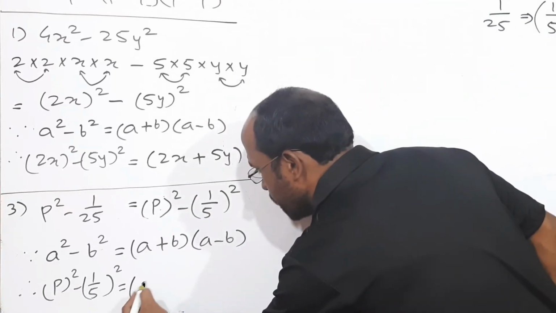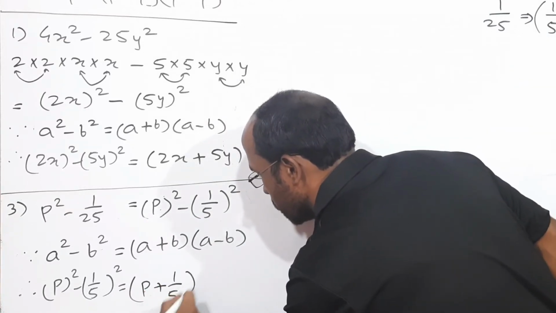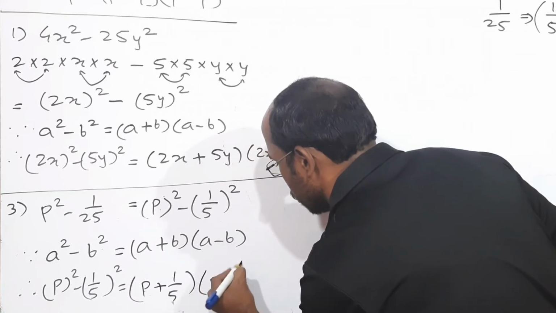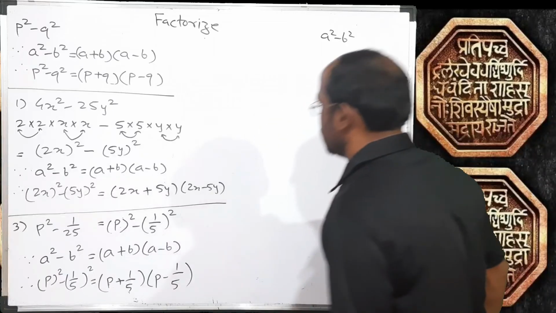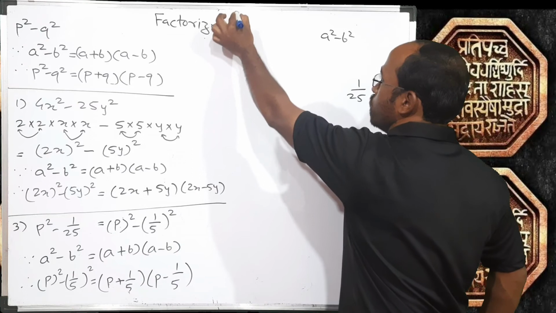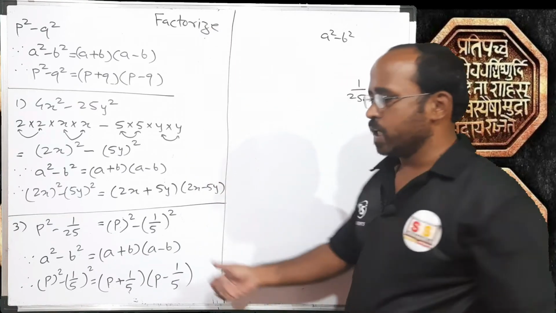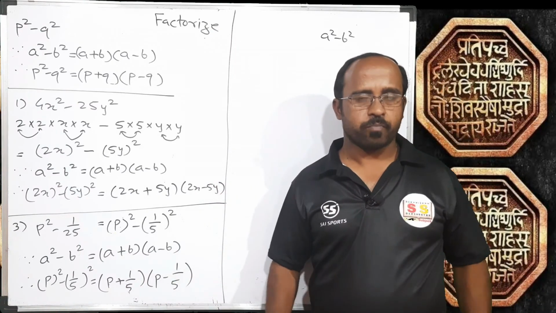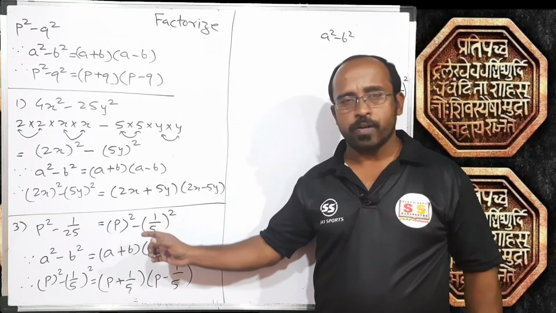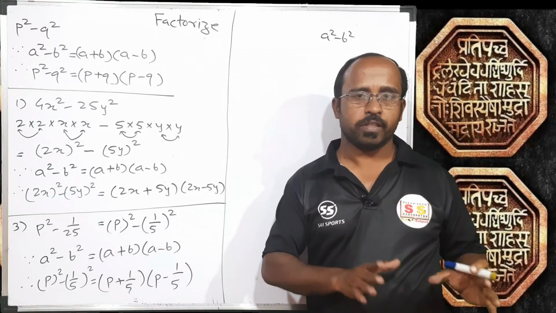So that is equal to p plus 1 upon 5 into p minus 1 upon 5. That's it. Clear, students? So it doesn't matter if the given number is a fraction or not. The only thing is we have to find whether it is square of something or not.